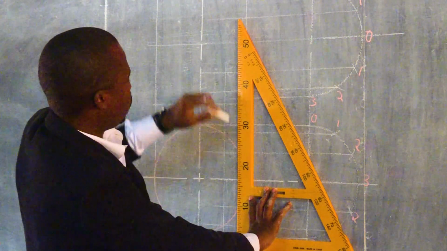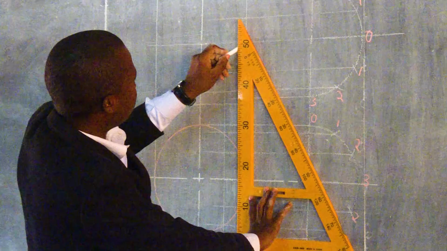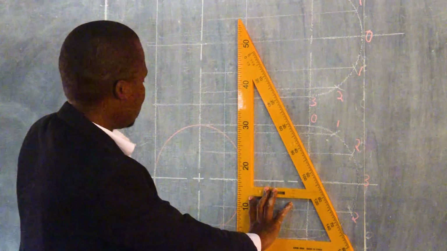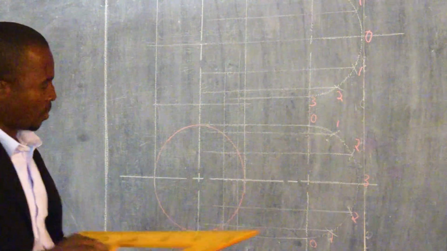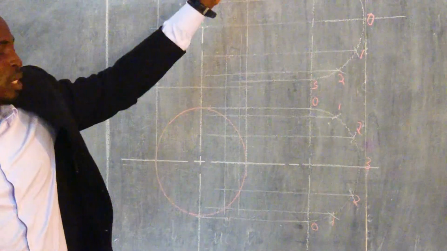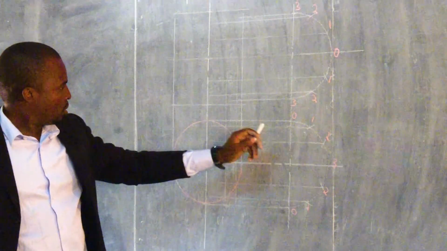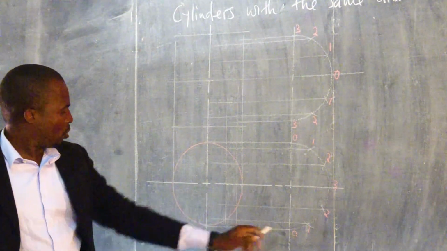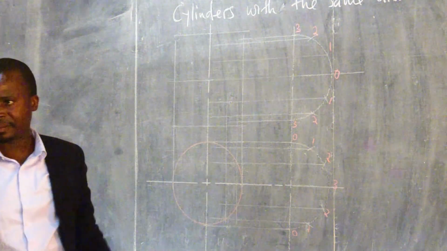Then 2 and 2, they also lie in the same line. 3 is already there. 0, it is the center line.